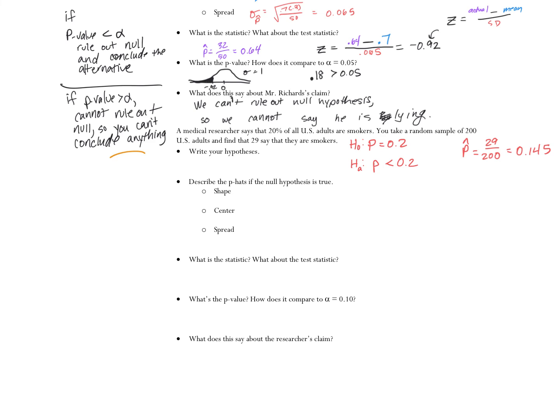So now we're going to do our shape, center, spread. Let's see. We're going to do 200 times 0.2, 200 times 0.8. And I get 40 and 160. Those are bigger than 10. So we can say the shape is normal.